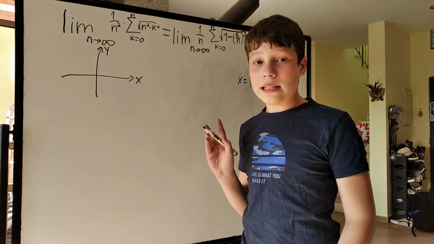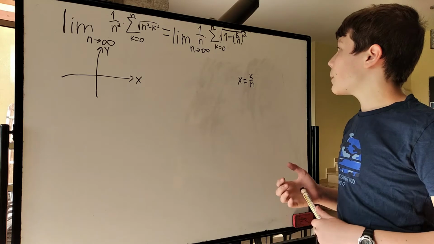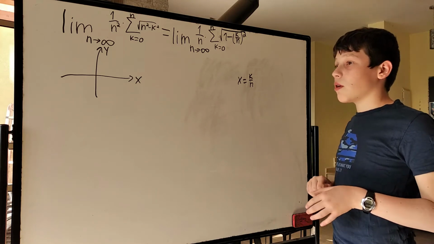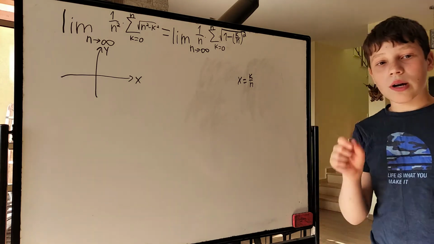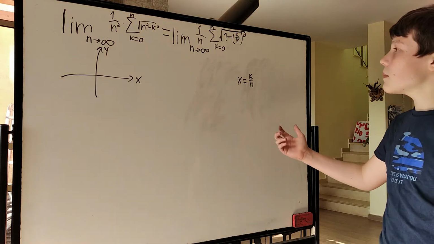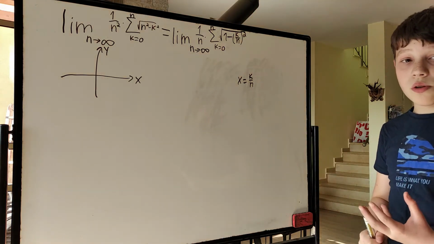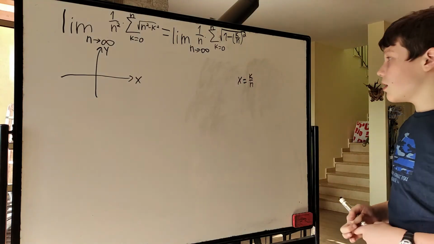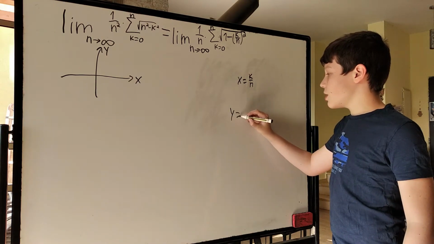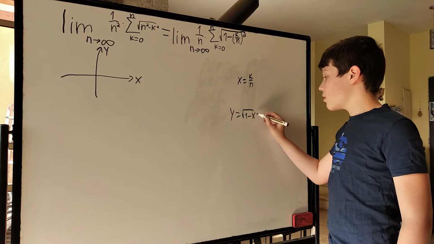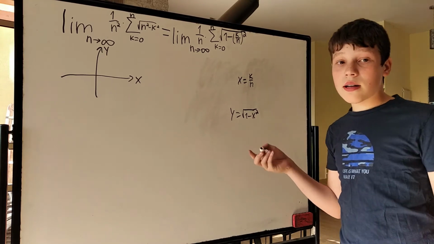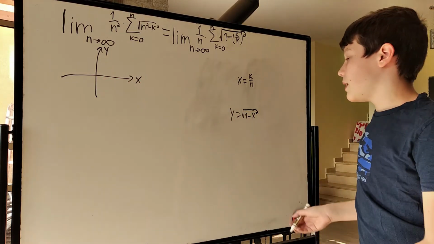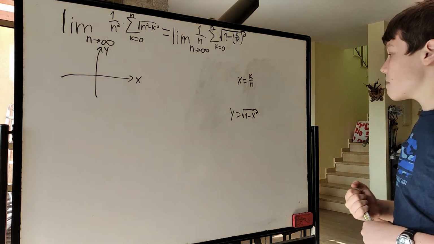And let's look at the actual value. Well, like we said, again, x will be going from 0 to 1 with these fractions 0 over n, 1 over n, 2 over n, and so on until n over n, and the actual value when we input it is what we get in our y, which is the square root of 1 minus x squared, which, like we saw earlier, is the plot of half of the unit circle on top of the x-axis, the top half of the unit circle.